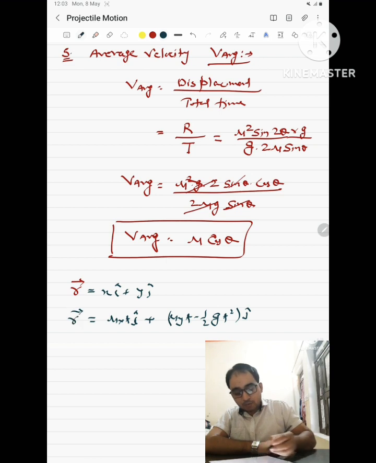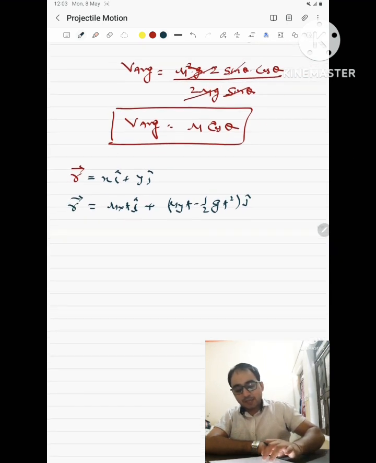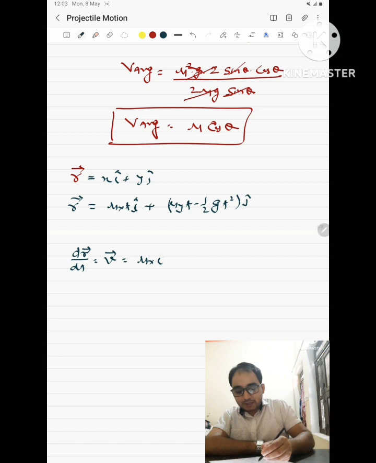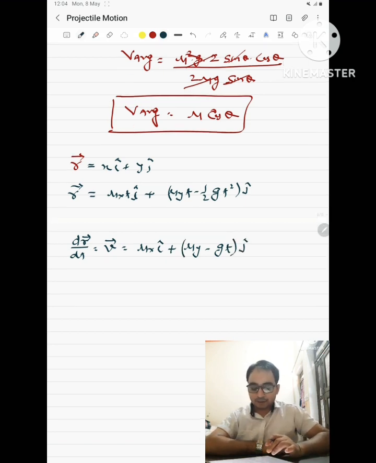So this is the position vector at any time t. If we differentiate it, we can write the velocity vector. So dr by dt is the velocity vector, and this will come out ux i cap plus uy minus gt j cap. So this is the velocity vector.